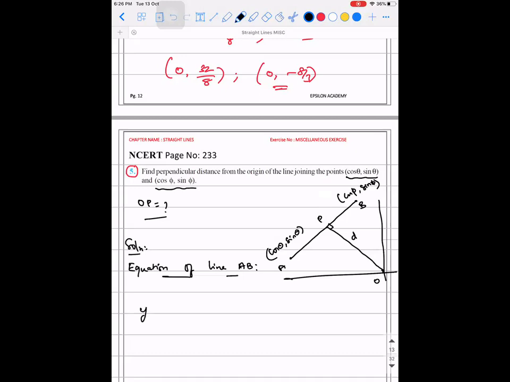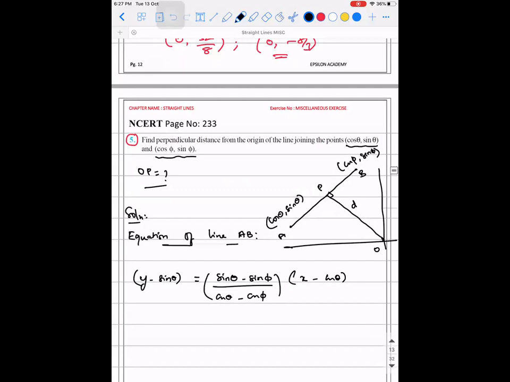It is y minus y1 is equal to m into x minus x1. So m is sin theta minus sin phi divided by cos theta minus cos phi, into x minus x1.